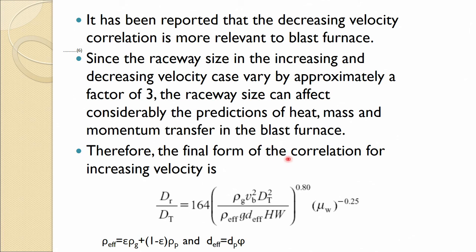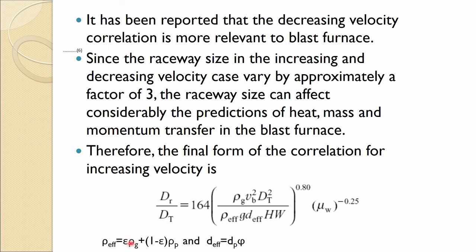So, therefore, the final form of the correlation for increasing velocity is given. You can see it is a sort of non-linear Froude number, it still is there, but it gives a little bit of non-linear behavior in the increasing velocity case, and it also includes the friction coefficient, the frictional properties of the material, which is very important, and the raceway is quite dependent on that.